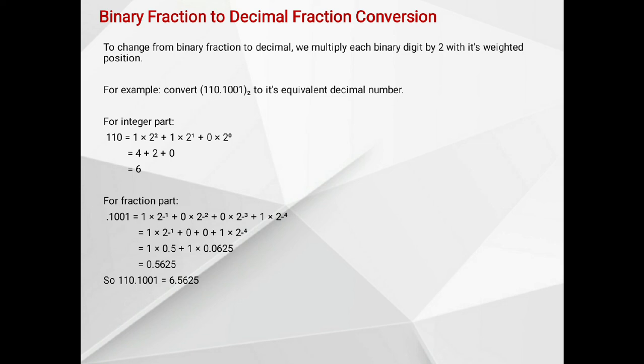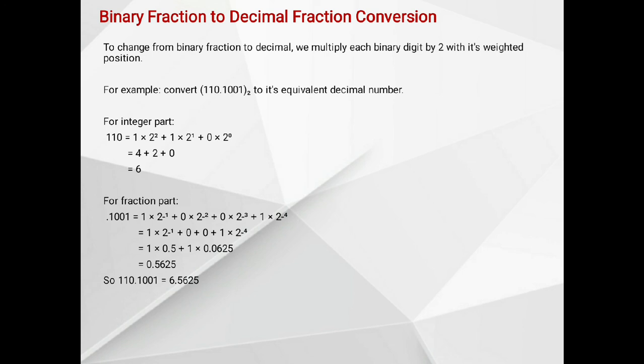So here, to convert this fractional binary number, first we multiply the integer part, that is 110, by positive weightage power. That is 1 into 2 to the power 2 plus 1 into 2 to the power 1 plus 0 into 2 to the power 0. So we get the value 6.